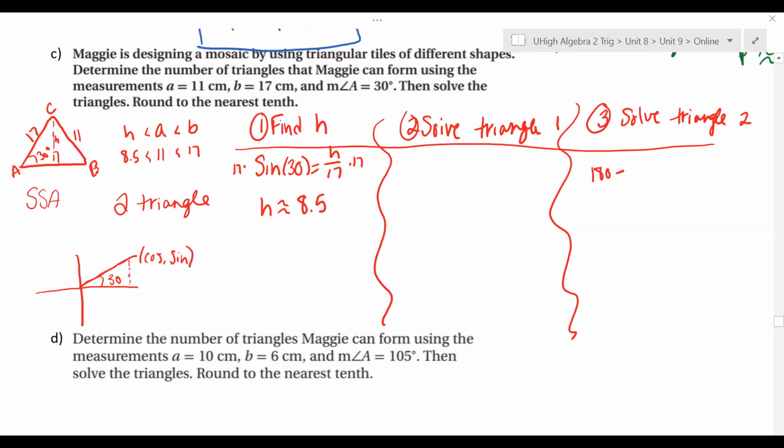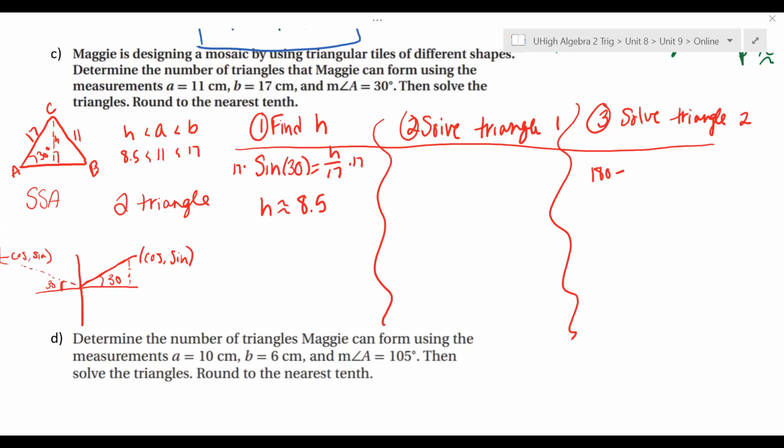So where else is going to have the same sine value? Well, the same sine value is going to occur over on this other side where I have a reference angle of 30 degrees. Because now I'm going to have the opposite of the cosine value, but I'm going to have the same sine value.